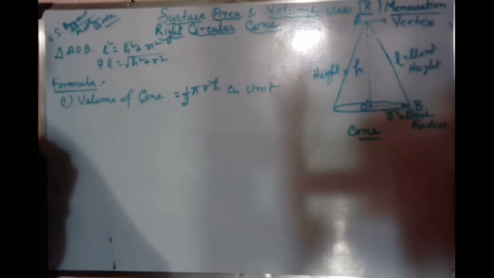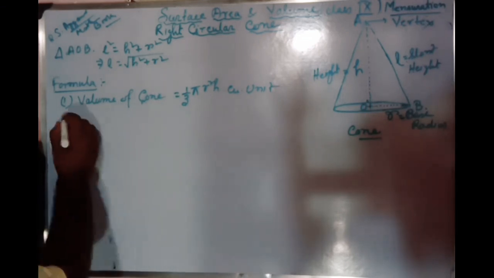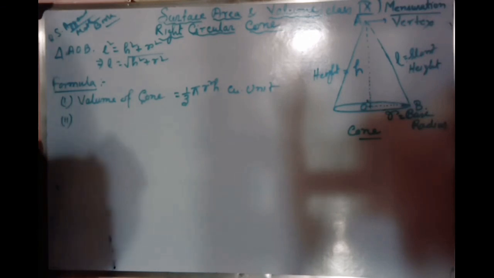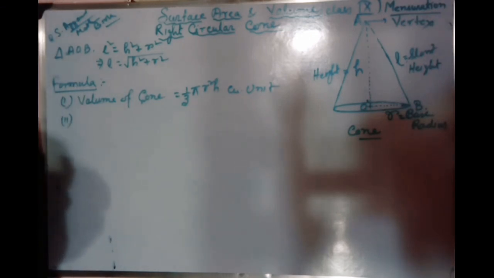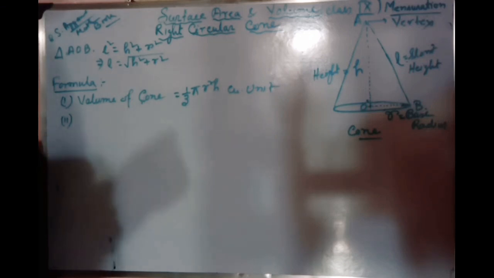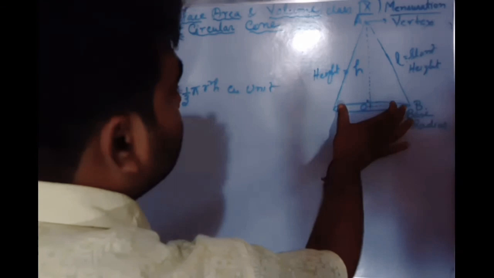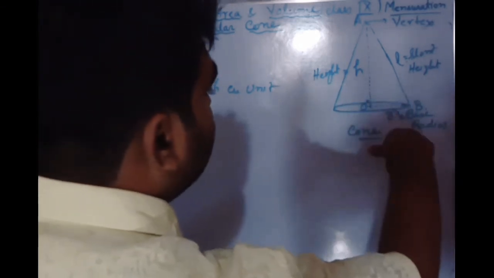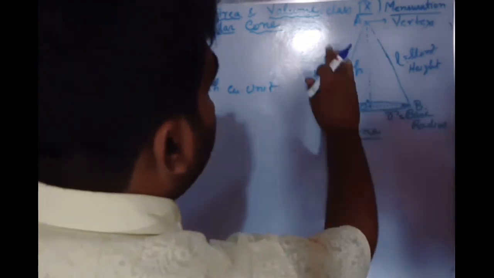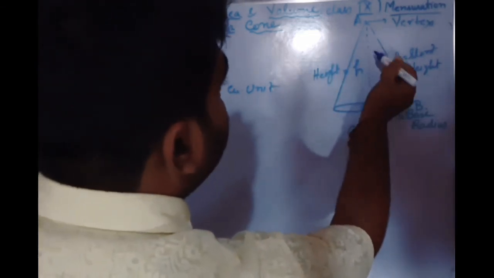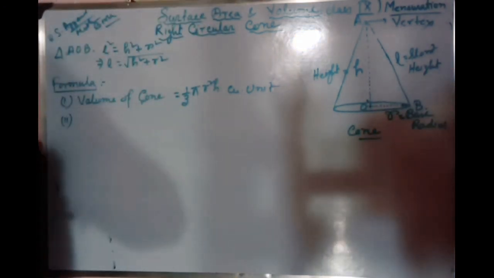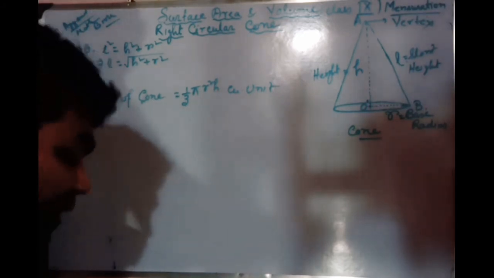Next there will be two areas. One is the area of the curved surface and the other is the area of the total surface. Area of the curved surface means that if we open this lower circle, we get only the curved portion, and that is the area of that portion.